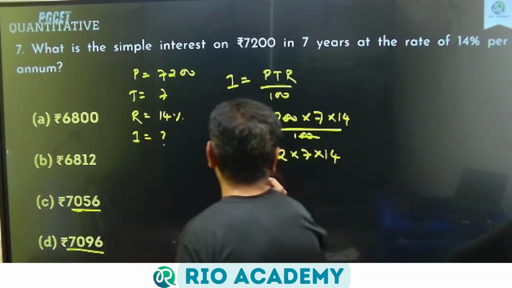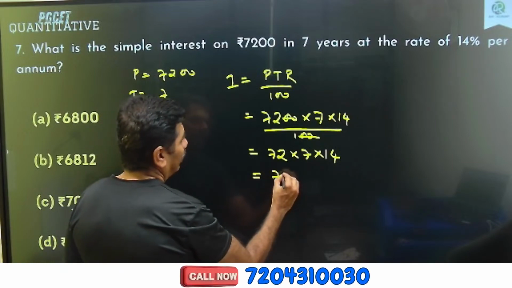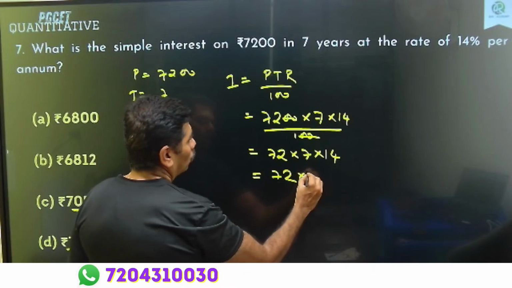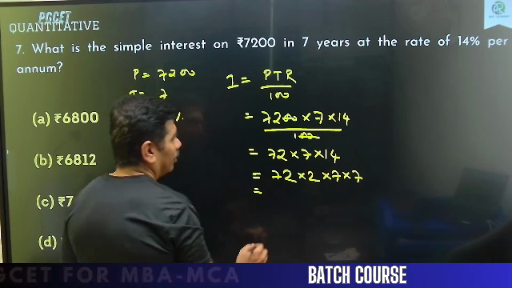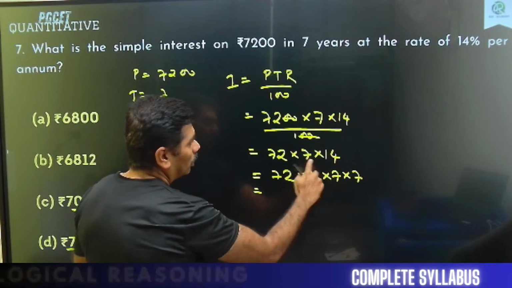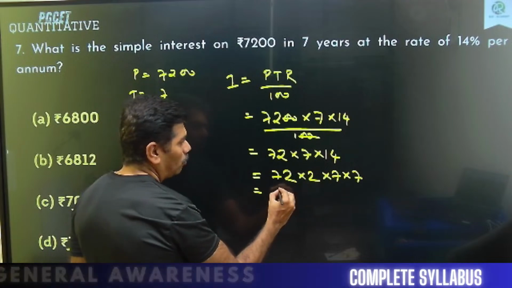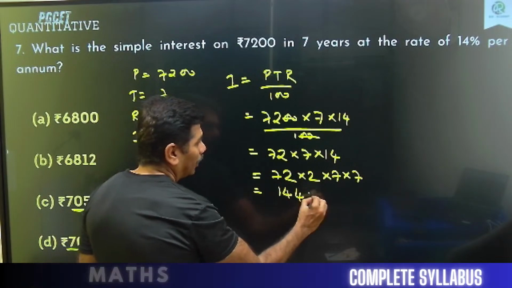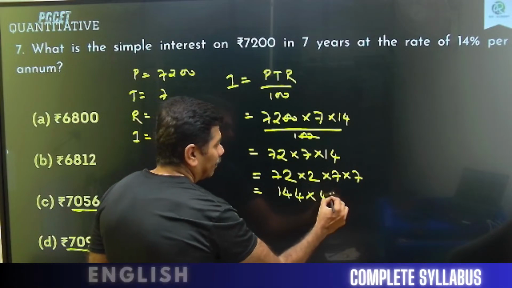Or if you want it in a simpler way, you can take it as 72 into 2 into 7 into 7. I took 72 14 as 7 into 2, and this 7 as it is. I'll tell you why I did this. 72 into 2 will give you 144, into 7 into 7 is 49.